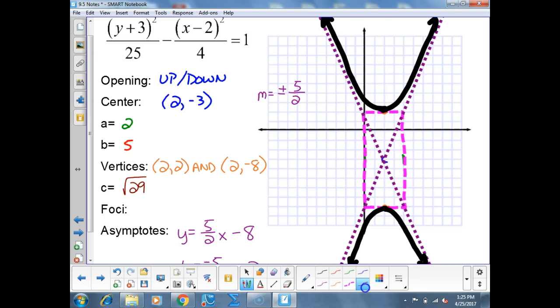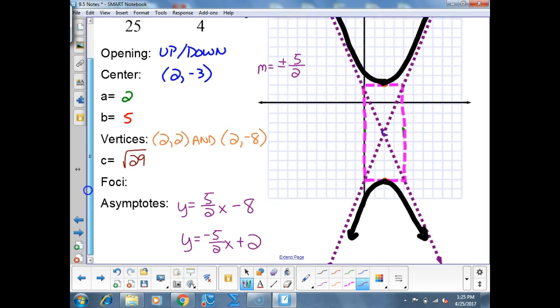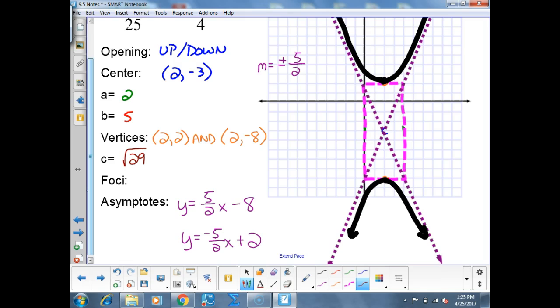So my two foci, because this is up and down, are located at the points 2, comma, negative 3 plus the square root of 29, and 2, comma, negative 3 minus the square root of 29.